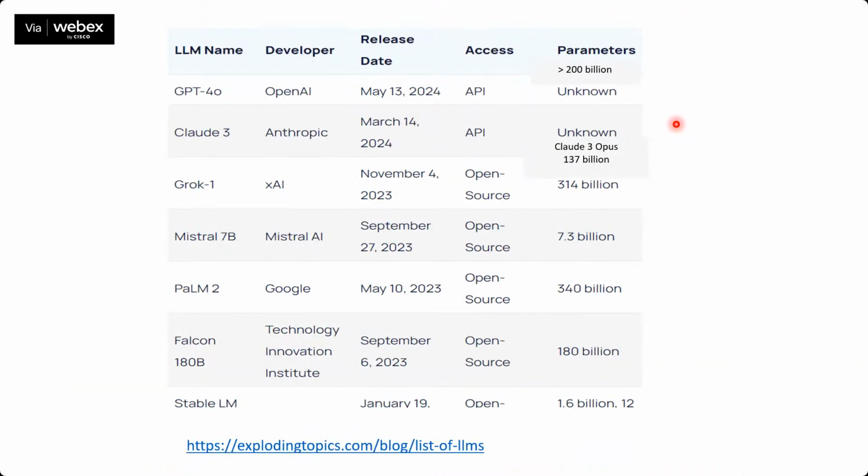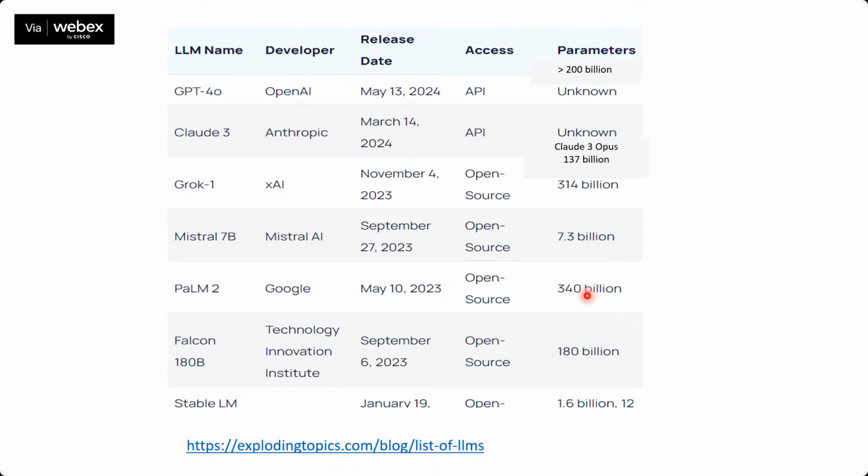And just to show certain size related aspects: when we say large language models, we started with BERT, etc., which were dealing with thousands of data points, and now we have models with 200 billion, 300 billion parameters on which they have been trained, and they are ready to act.